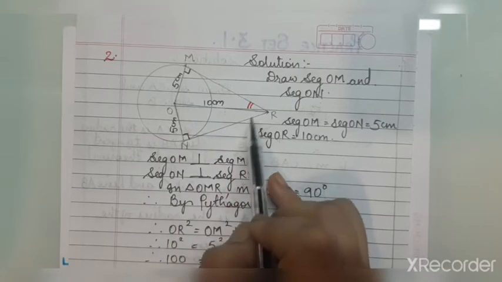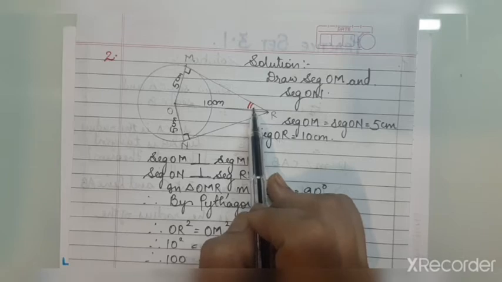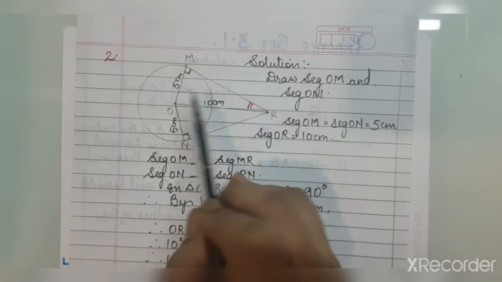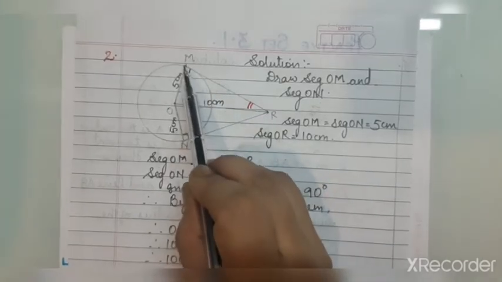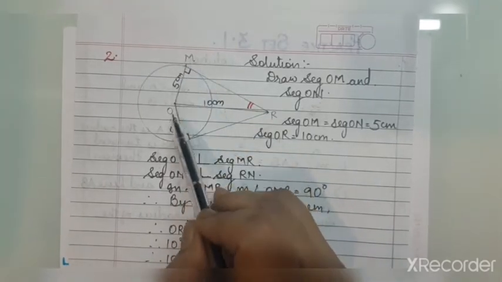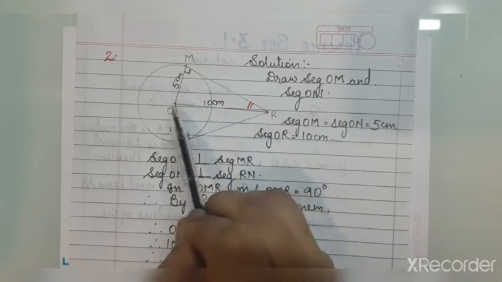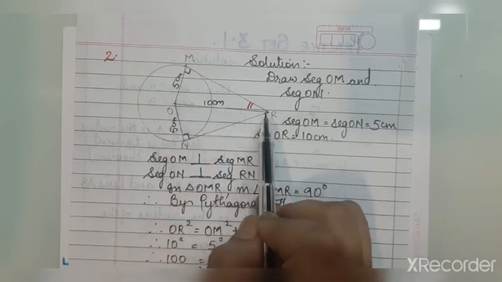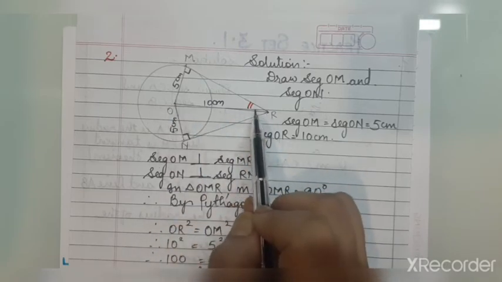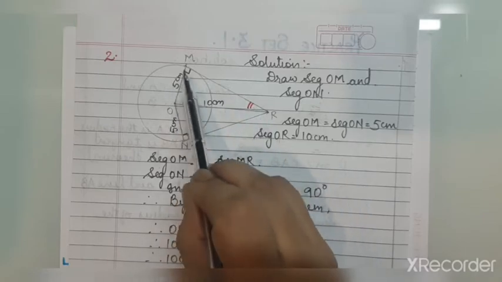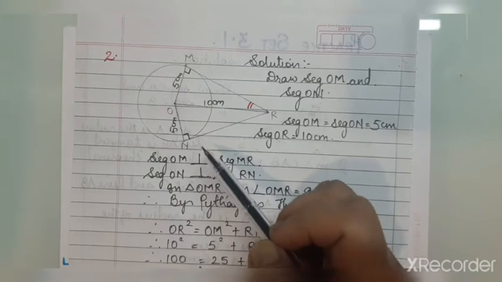If you see here, the side opposite to this particular angle which we have to find, that is MRO, is 5 and the hypotenuse is 10. Okay, hypotenuse is OR, which is 10. So the side opposite to the angle which we have to find is half of the hypotenuse.